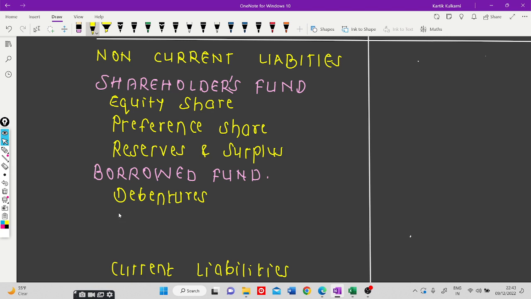Another example is bank loan. Loans can again be divided into two forms. One is secured loan and the other is unsecured loan.